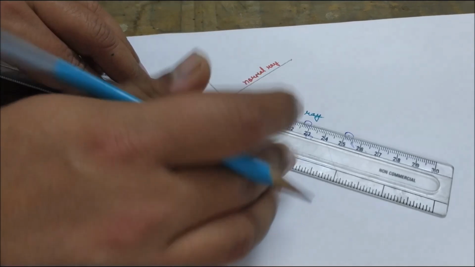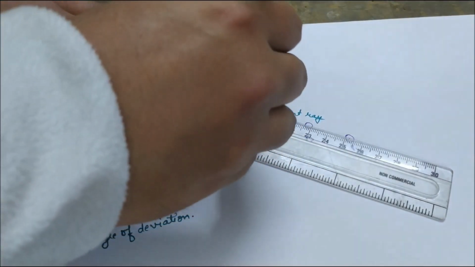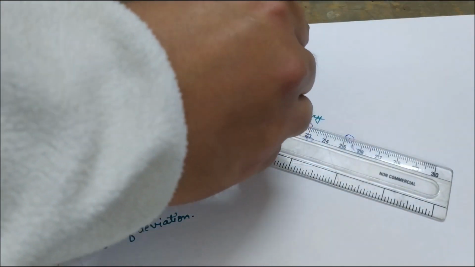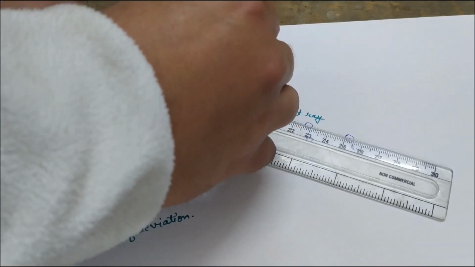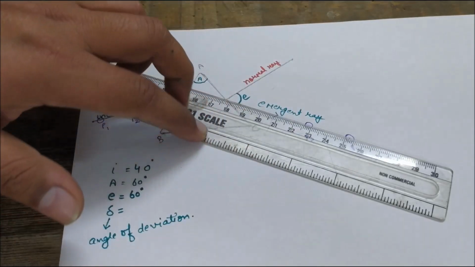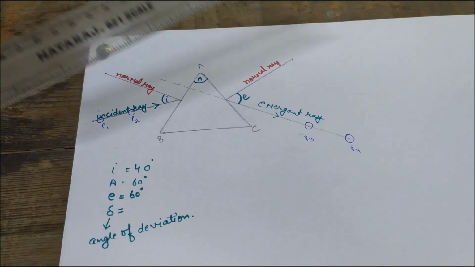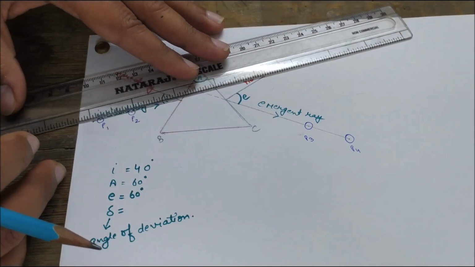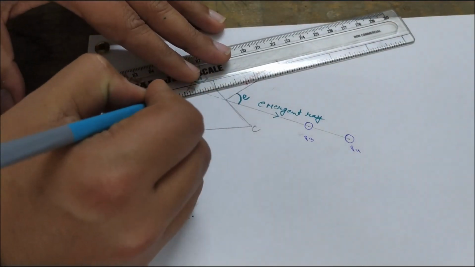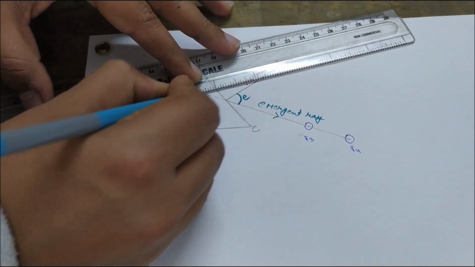Now extend the emergent ray and the incident ray. Let them intersect with each other. The angle made by the incident ray with the emergent ray at the point of intersection is called the angle of deviation.